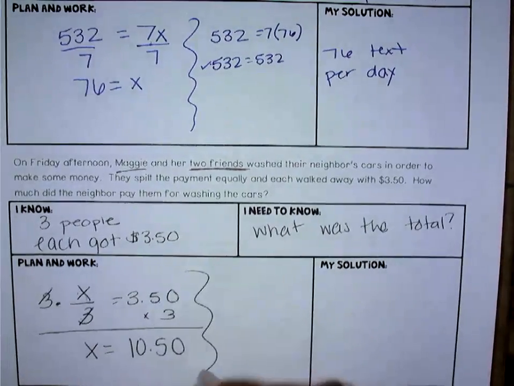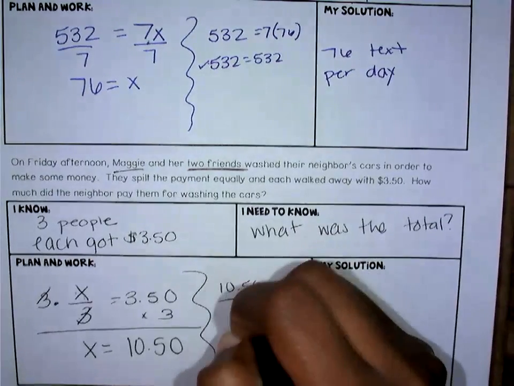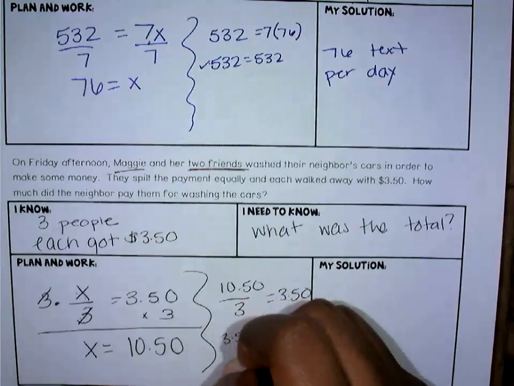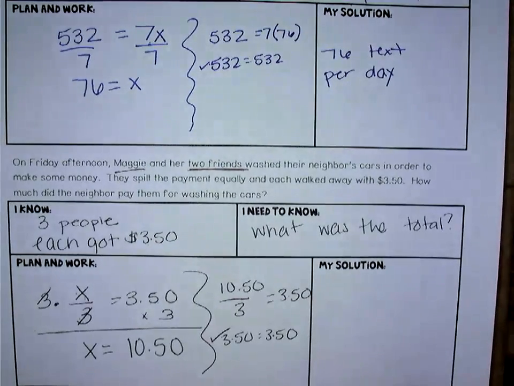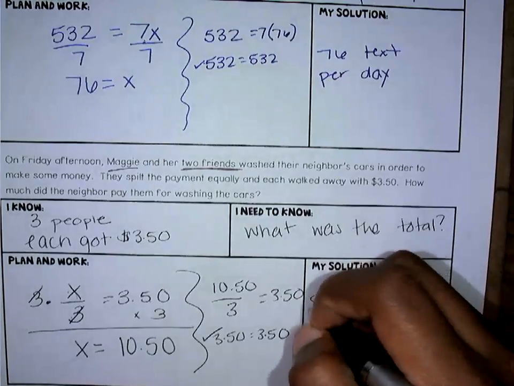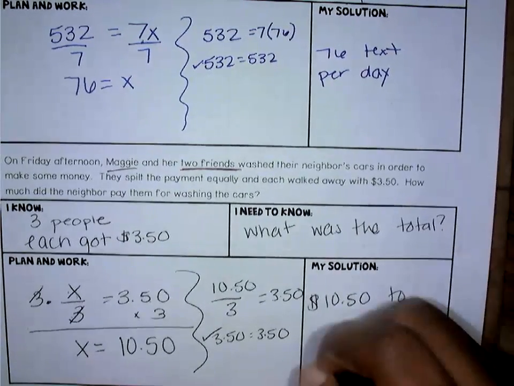And remember to check it. All you do is have 10.50 divided by 3 equals 3.50, and they both check out. I know in your other homework you guys had the part where you check it off, so that's how you would check it off. So your solution would be they got a total of $10.50 to wash cars.